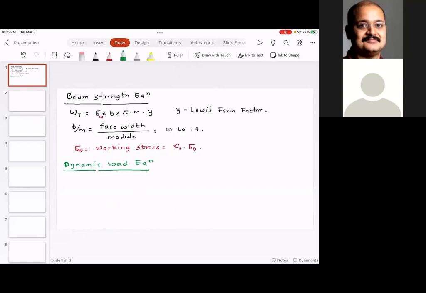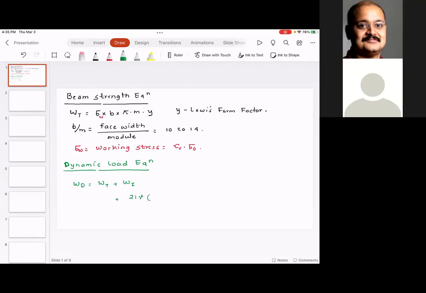That equation is given as WD is equal to WT plus WI, where WT is the tangential load and WI is the intermittent load.